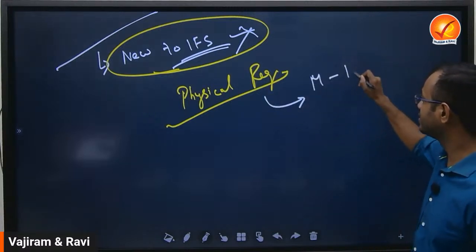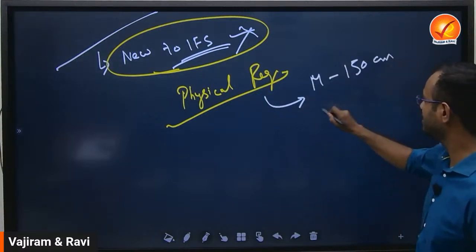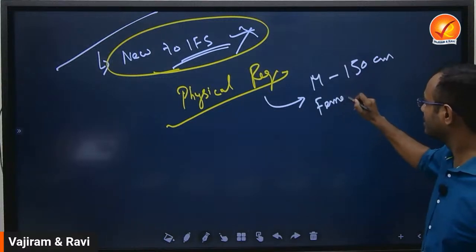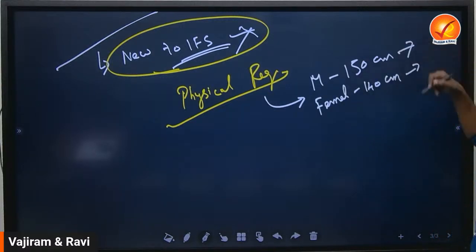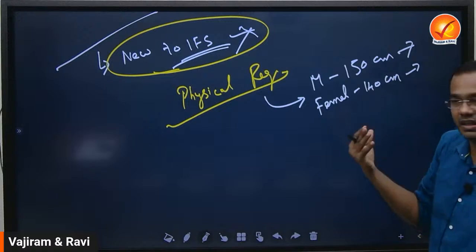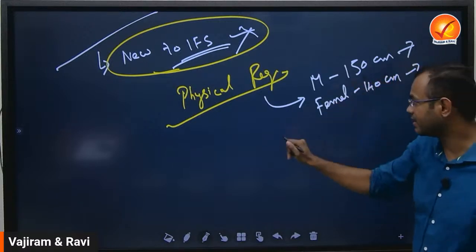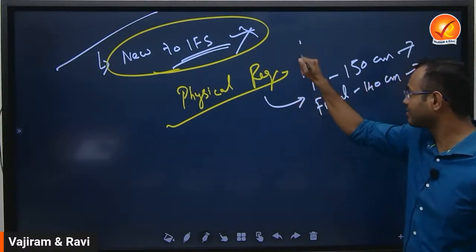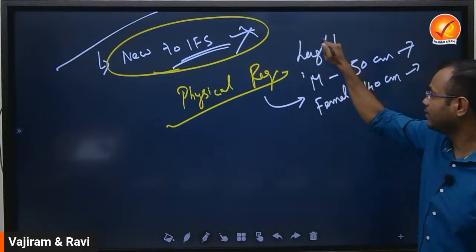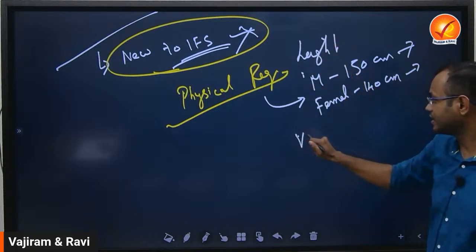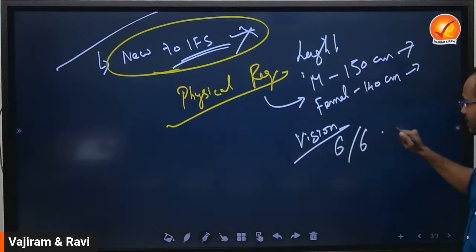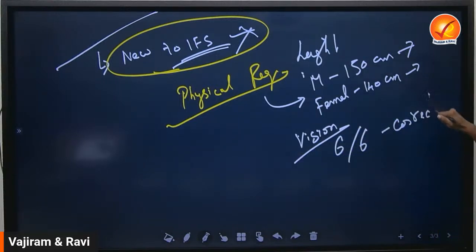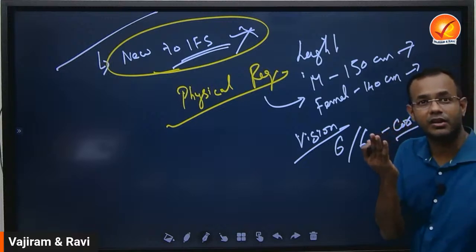So there are physical requirements. If you are a man, you need 150 centimeters of height. If you are a woman, 140 centimeters of height. And we do have chest expansion, without expansion, and usually people will get it. So this is with respect to the height requirement. Number two, with respect to vision, we have 6x6 with correction, which means you can use spectacles, like I have been using spectacles.